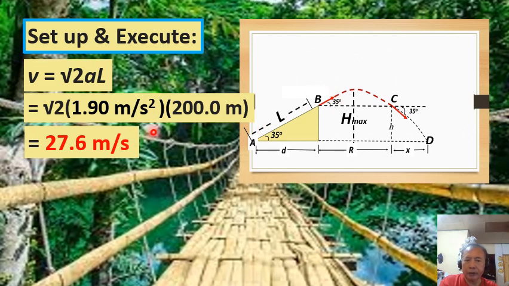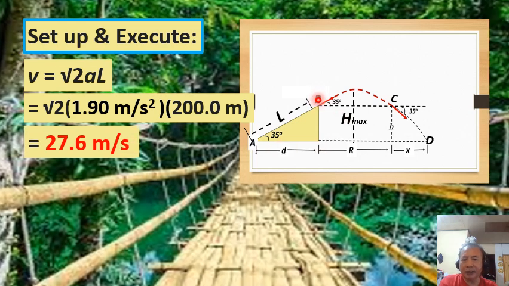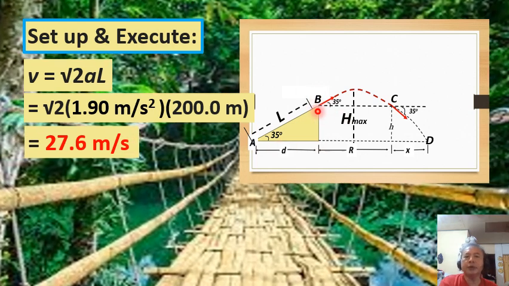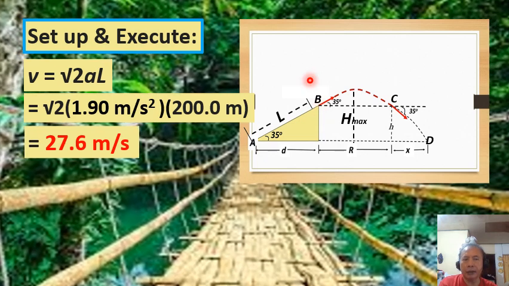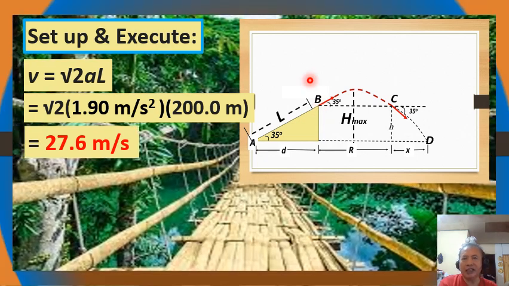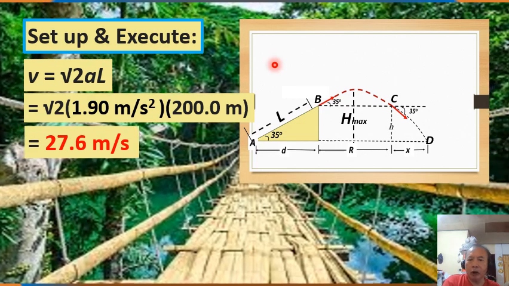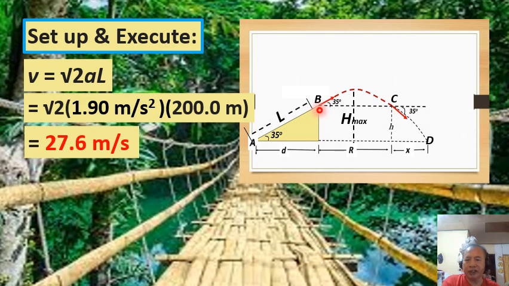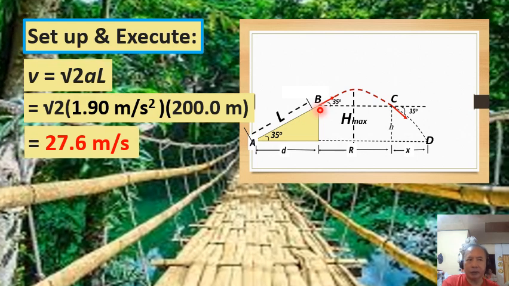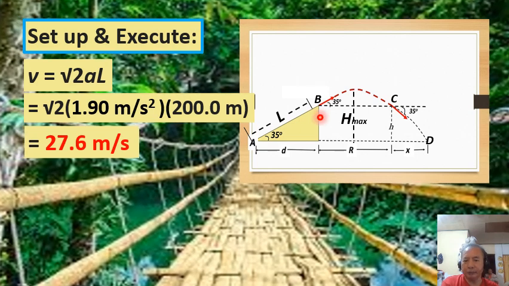Now, when the rocket leaves the edge of the ramp, the engines of the rocket are off. So in other words, the subsequent motion of the rocket will now be a projectile motion.